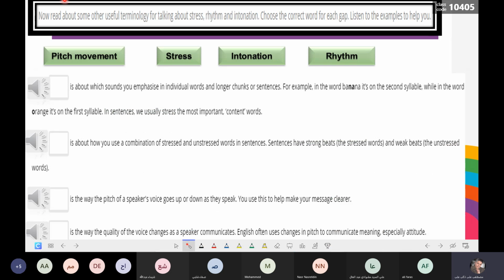Now we'll have four other definitions, and we need to select the word or the terminology that goes with each definition. You have a minute to think about them.